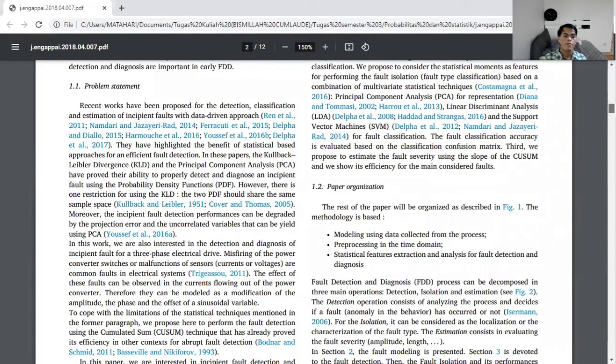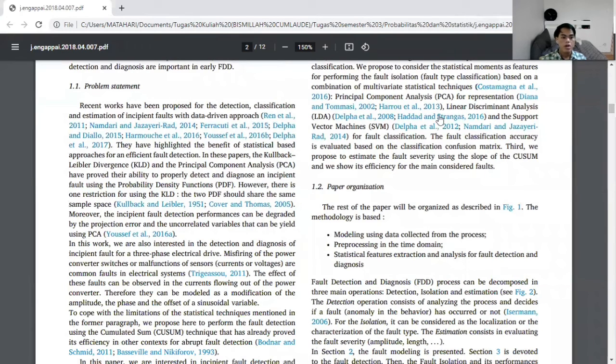Recent works have been proposed for the detection, classification and estimation of incipient faults with data-driven approach. They have highlighted the benefit of statistical-based approach for an efficient fault detection. The Kullback-Leibler divergence and the principal component analysis have proved their ability to properly detect and diagnose an incipient fault using the probability density function.